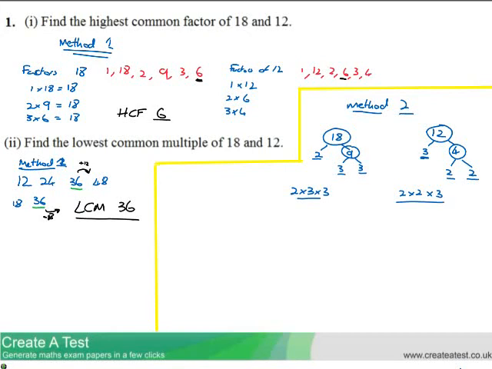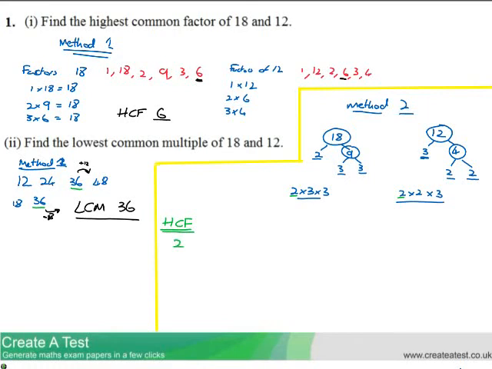So what we want first of all is to find the highest common factor. To find the highest common factor, we need to look at the numbers and say, what do they have in common? Well, they both have at least one 2.